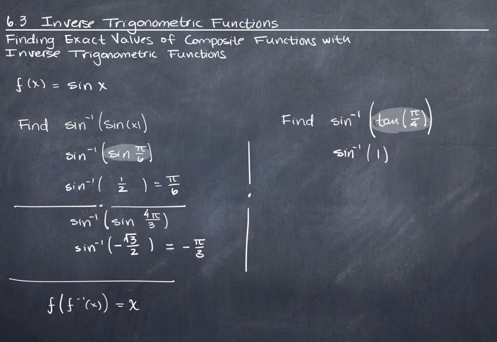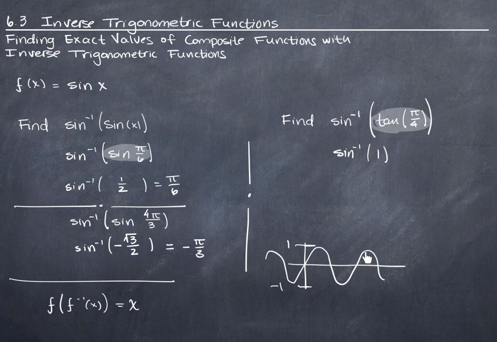Now if you think about the graph of sine again, remember that it only goes up to 1 and down to -1. You want to ask yourself, what's the name of the angle that produces a sine of 1? All right, so we want to know which input value here produces a 1.